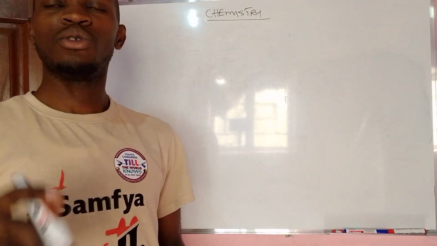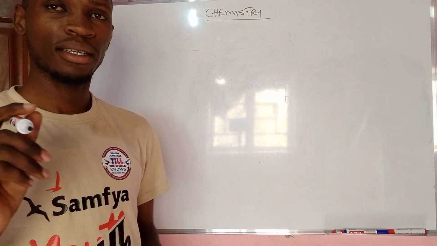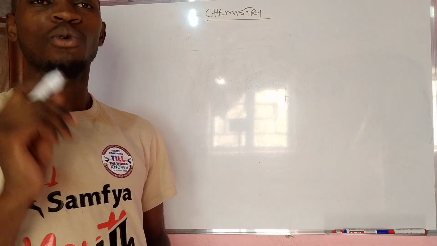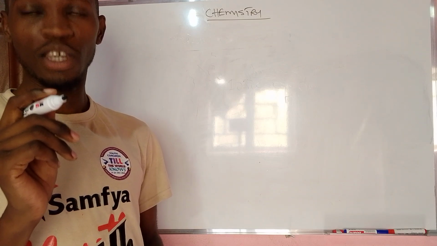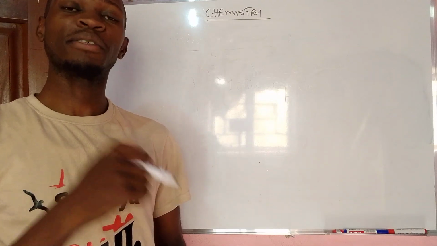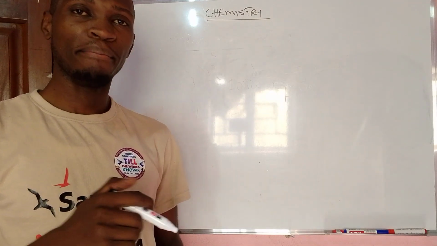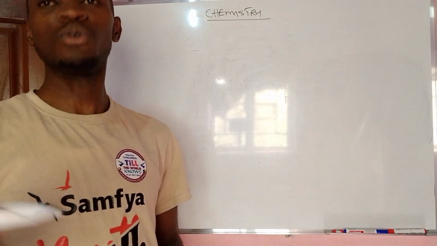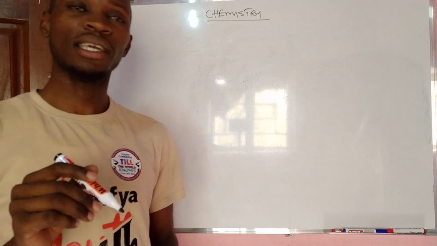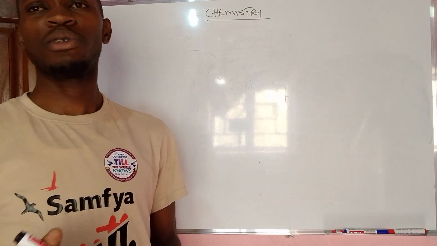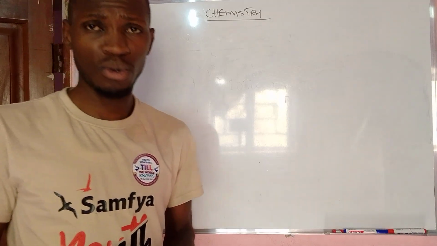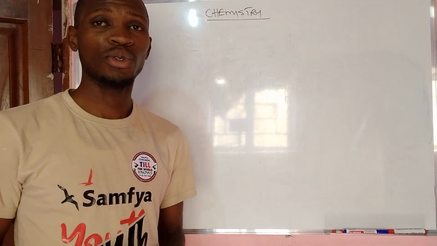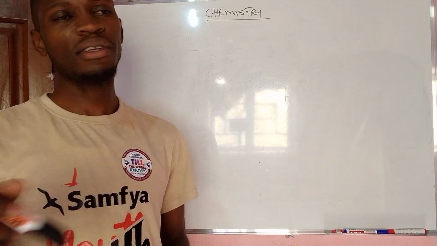Mass to mass is one of the subtopics under mole concept, which is very difficult if you have not understood the first part of mole concept. But all in all, mass to mass is the one which is widely used under mole concept, especially at our level. Most of the questions which I posted required us to do mass to mass. So today, I'll show you how to go about mass to mass in a very simple way.